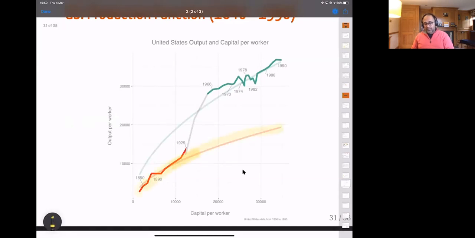And if we continue, this is where it would have taken the United States. But from 1929 to 1966, something spectacular happens and it jumps up. And then you again see a straight line and diminishing returns. But what happens in this period is phenomenal.